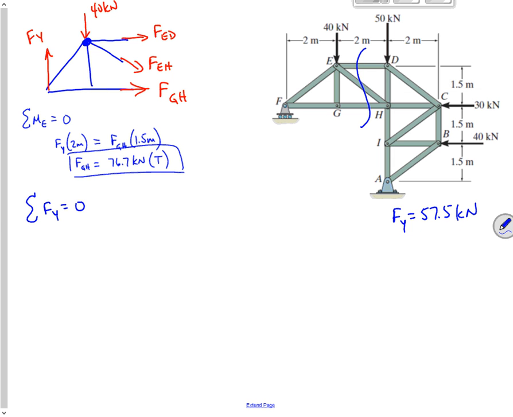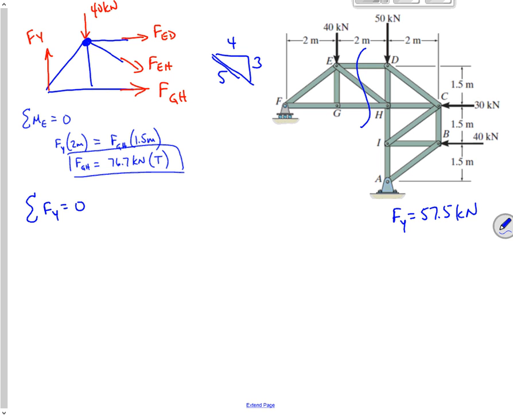I've only got 2 unknowns left. Only one of those unknown forces is in the y direction. Right, I need to know this triangle. What does this triangle look like? That's going to be 4 this way, 3 this way, 5 this way. It's a 3, 4, 5 triangle.